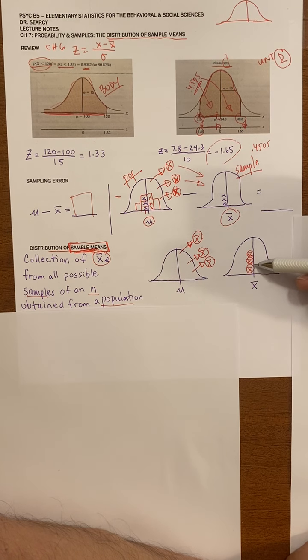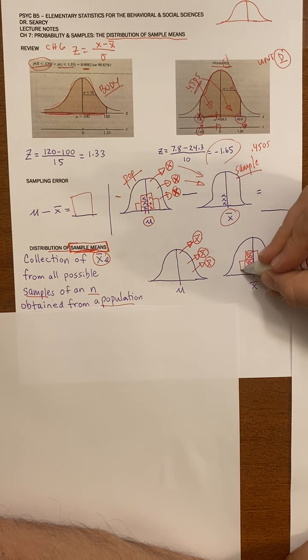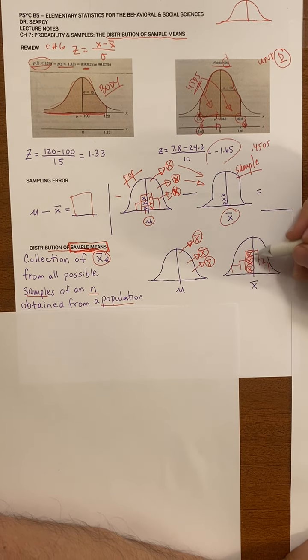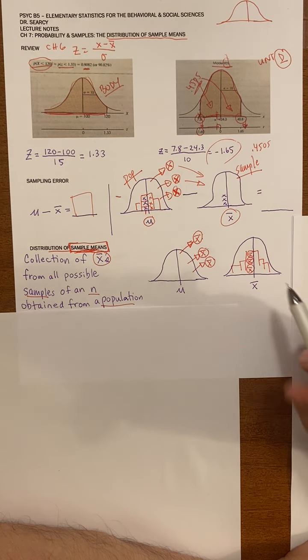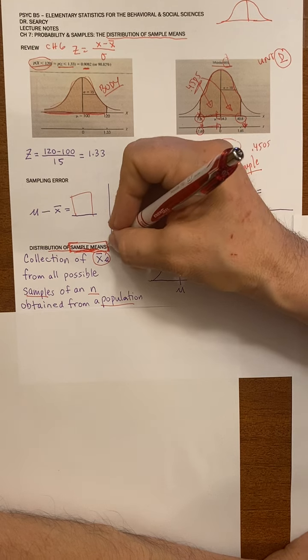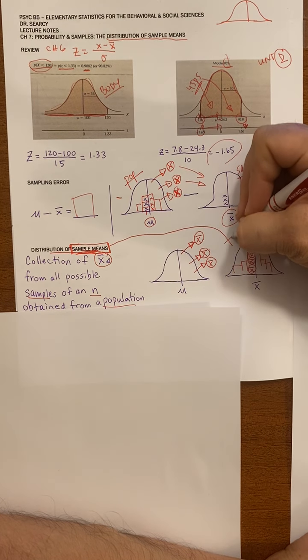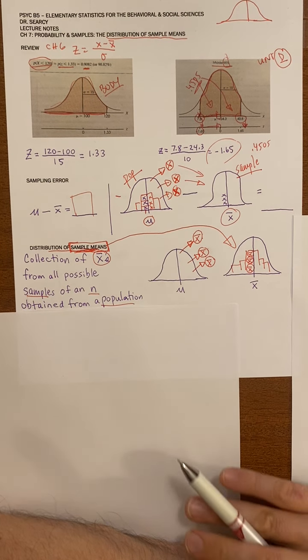Because now this is a collection of each group's mean that I got. And now that's what my histogram bars are made out of: group sample means as opposed to individual participants. And we're still interested in figuring out what's the difference between the population and the sample. But the important thing that you're seeing here is that this is now what we're talking about when we use this term, distribution of sample means.